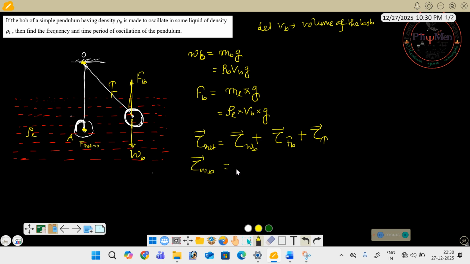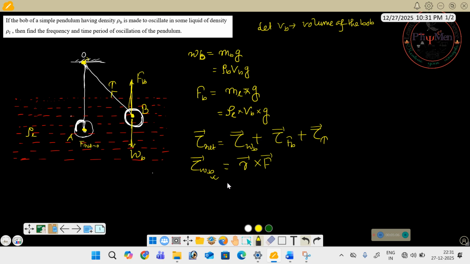Now first I will find out the torque due to weight of the body. According to the mathematical formula, torque is R cross F, right? Now the force is weight of the body and R is the position vector of the point of application of force with respect to the point of rotation. This O is the point of rotation here, and the point of application of force is B at this particular position.